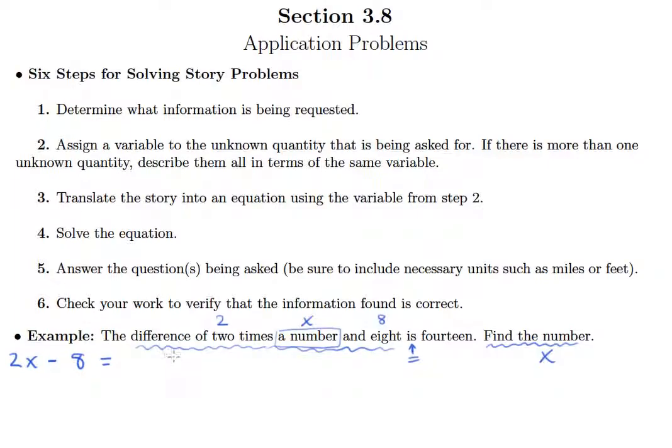And then on the other side, that's real easy to translate: 14. So I'll add 8 to both sides, and we'll get 2x equals 14 plus 8, which is 22. And then I can divide by 2 and get x equals 11.